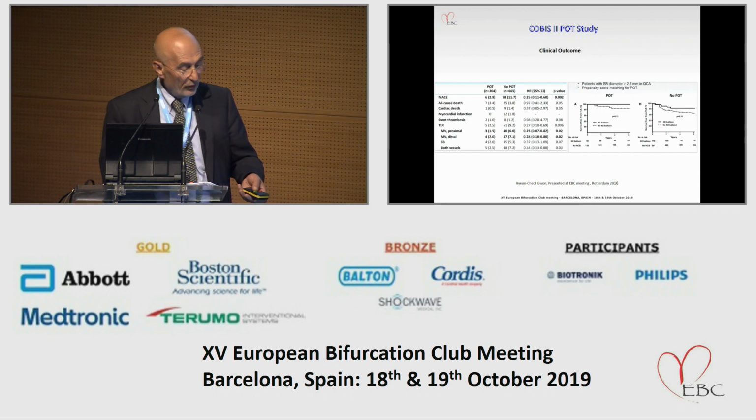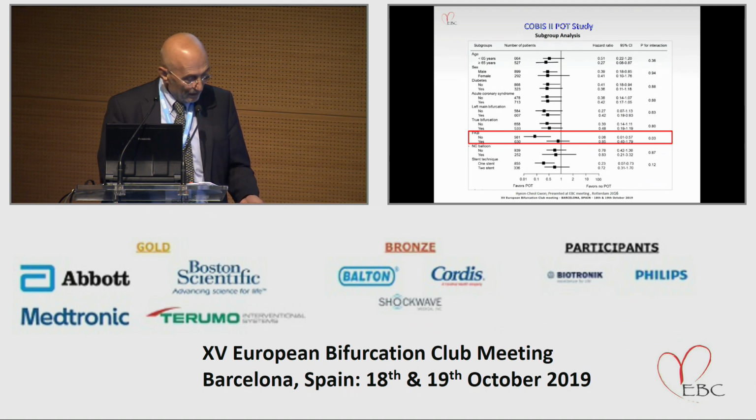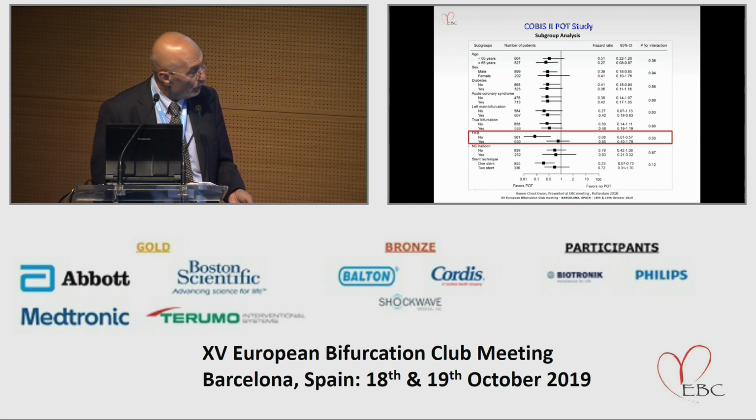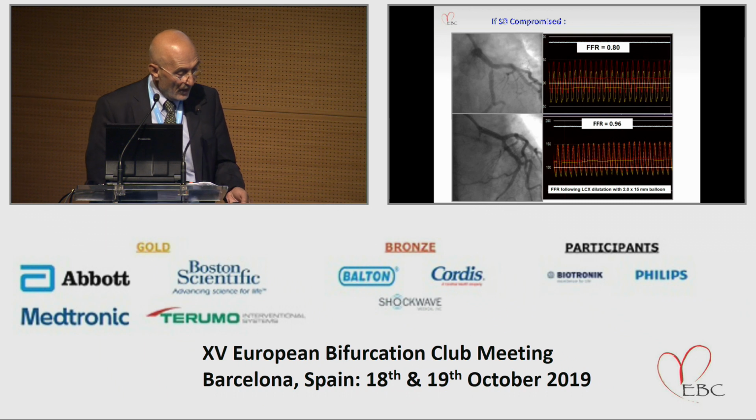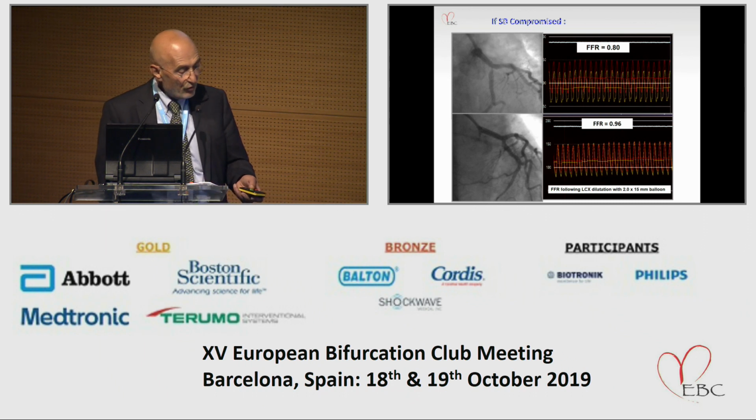And based on clinical data, some shown by the previous speaker, and the Kobe POT study, if you look at the influence of kissing balloon inflation, POT seems to be more effective if no kissing balloon has been done, as compared to previous kissing balloon. So the question can be completely different if you have a compromise of the side branch, like in this case.